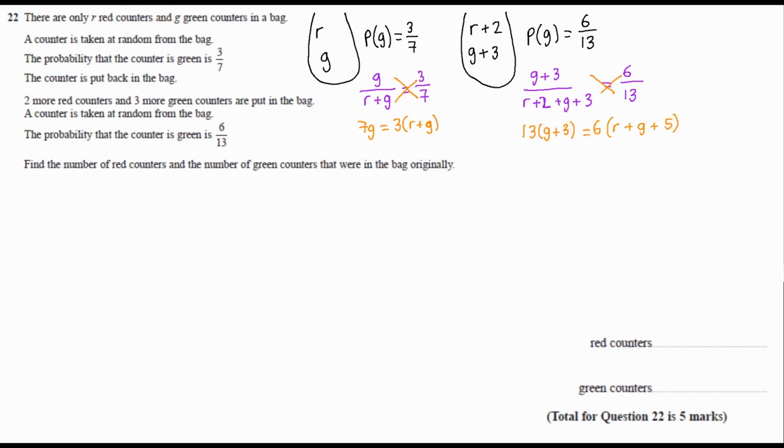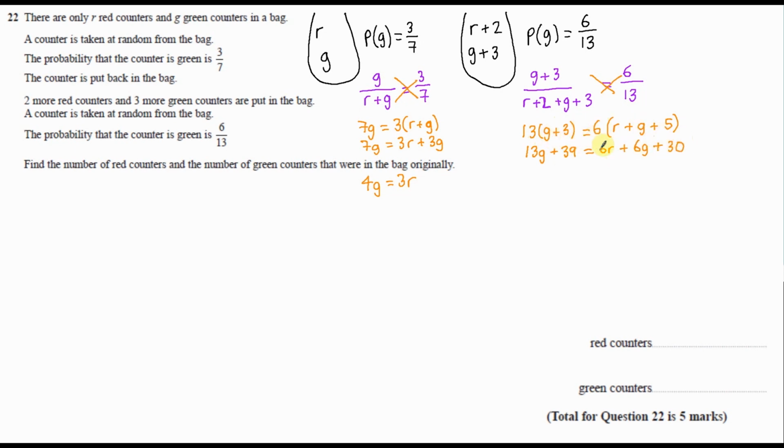Okay, if we multiply those brackets out and simplify, 7G equals 3R plus 3G, and if we subtract 3G from both sides, what we end up with there is 4G equals 3R. I'm going to leave that as it is there, and on this side 13 times G is 13G, 13 times 3 is 39, and on this side you've got 6R plus 6G, and then you multiply by 5, which gives us 30.